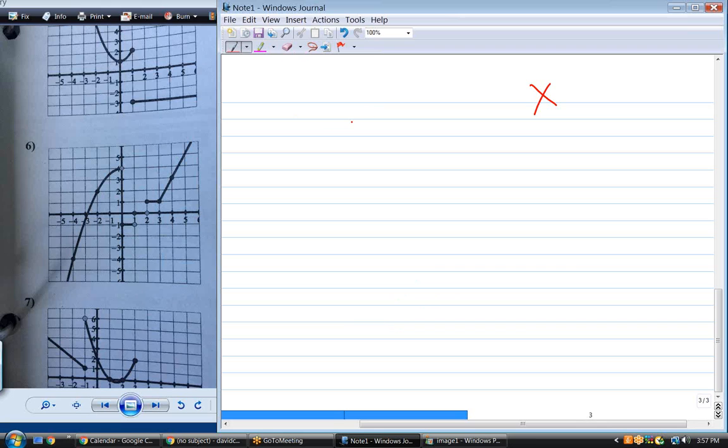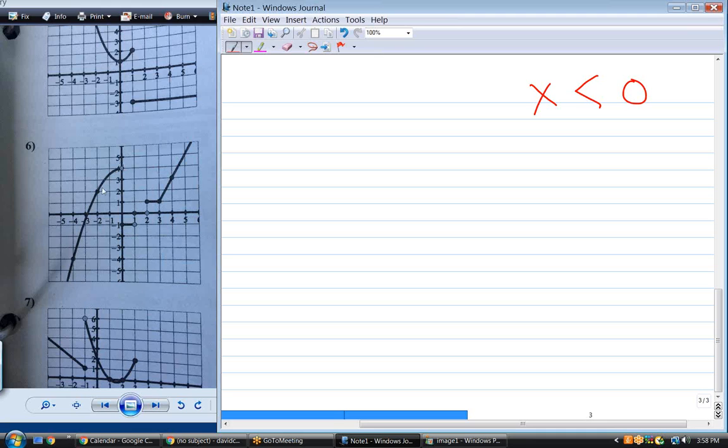But first things first, let's define the domain. It has to be less than 4, but greater than... Now, we're talking about this part, this function right here. That function applies whenever x is less than 0.